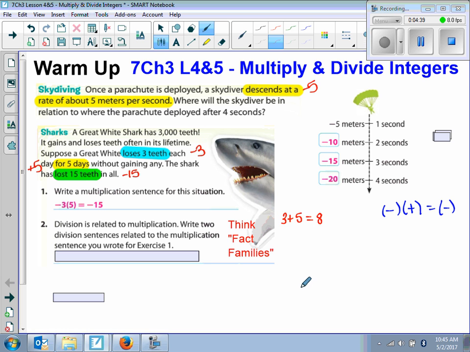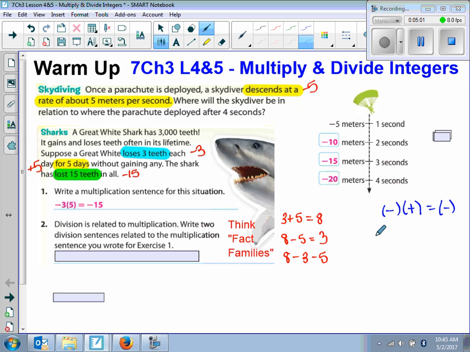The fact family says that we can change this to subtraction, right? So we can say 8 minus 5 is equal to 3. And we could also say 8 minus 3 is equal to 5. That's your fact family, right? So we can also do that with this multiplication.